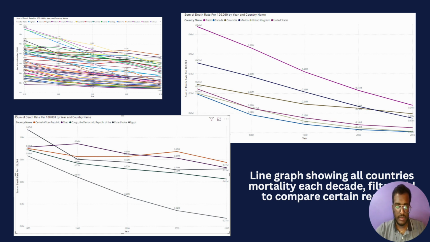In the third chart, we can see some other examples, like Canada, which is decreasing steadily irrespective of the decade compared to others.